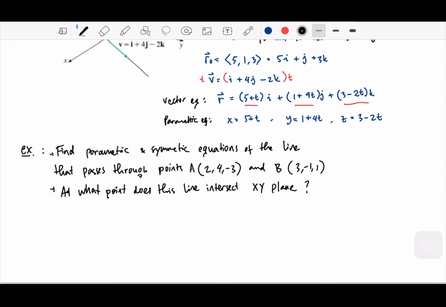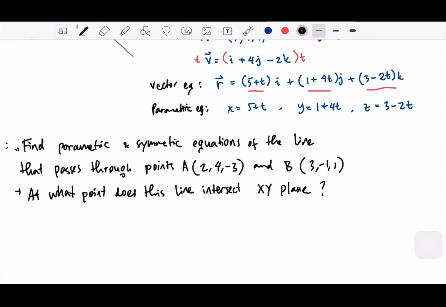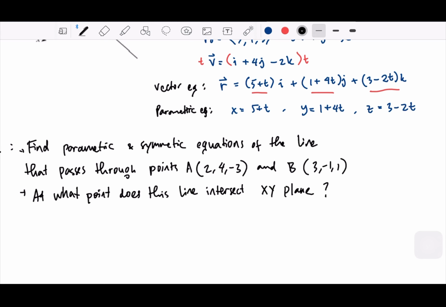So first you need to find the parametric and symmetric equations of the line passing through points A and B. So we need to set up a vector from these two points, from point A and point B. We can set up AB or BA, depending on you.